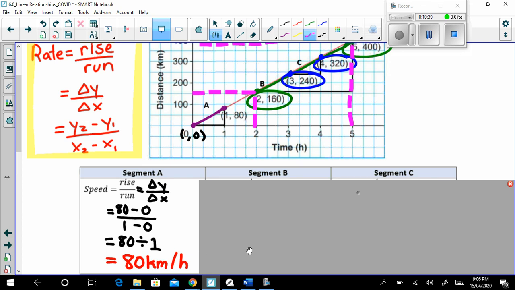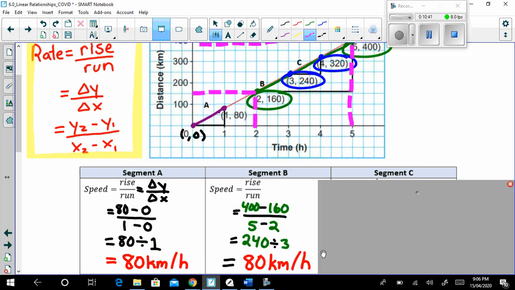Okay, let's try that with line segment B. So that's represented by this green line here, and these pinky purple lines that I just drew on. Okay, so we're going to go from 400 kilometers, the rise, down to 160 kilometers.